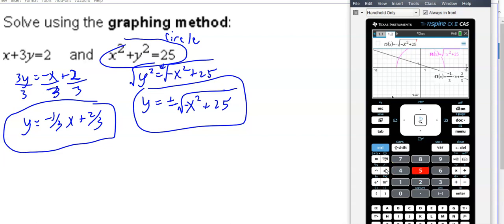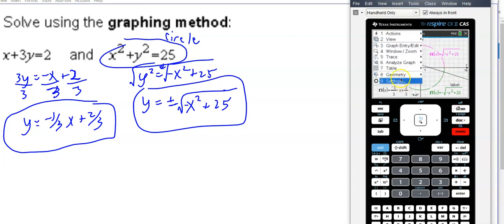So I did the positive case, and this should be the bottom half of that circle. Again, I'm trying to find out where the circle intersects that linear line. I think I'll have to do the intersection point tool twice, because the line intersects the pink part of the circle and the green part of the circle. Because there are different functions, I'll have to do this twice.